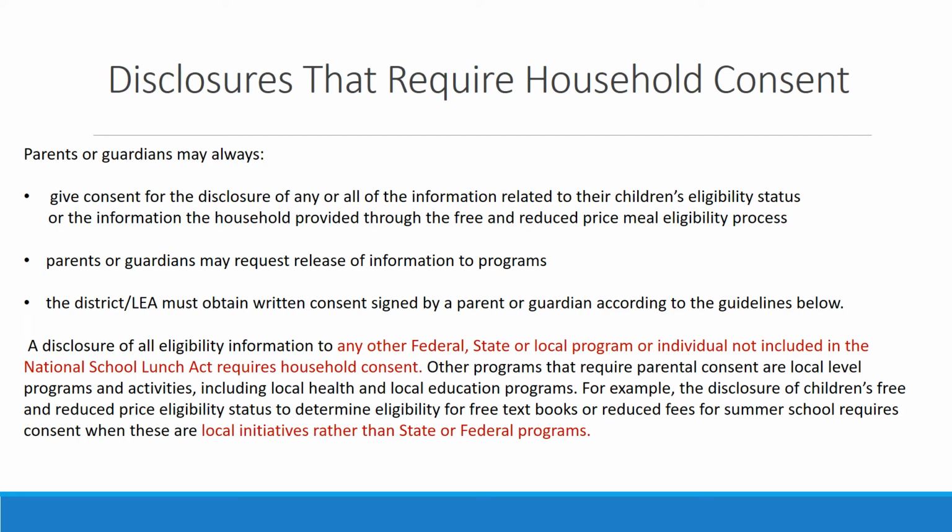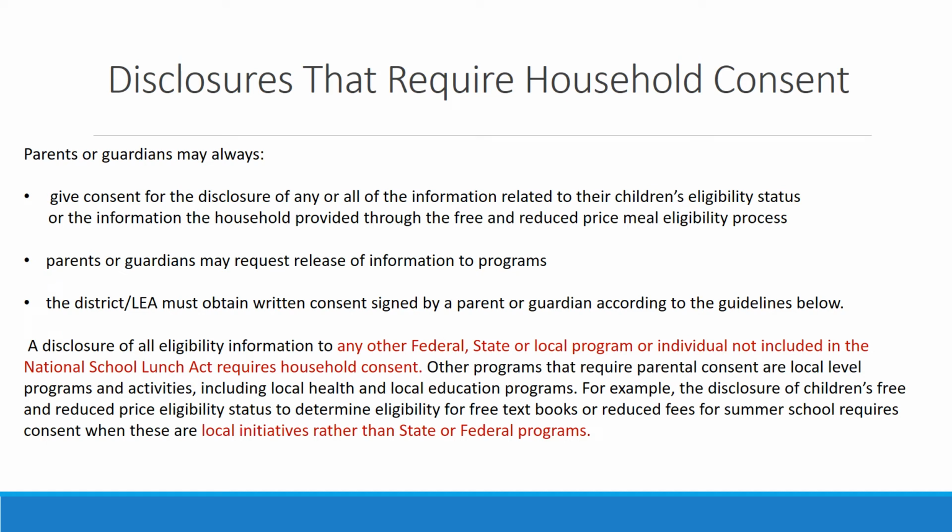A disclosure of all eligibility information to any other federal, state, or local program or individual not included in the National School Lunch Act requires household consent. Other programs that require parental consent are local level programs and activities, including local health and local education programs.